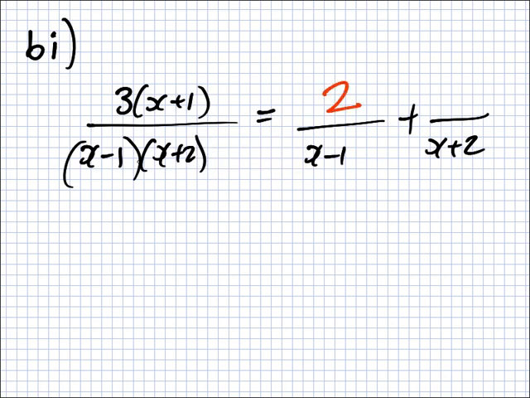Minus 2. Minus 2 plus 1 is minus 1. Minus 3 over minus 3 is 1. And then the last thing to do is to integrate this from 2 to 3. Which means integrate this from 2 to 3 and integrate this from 2 to 3.